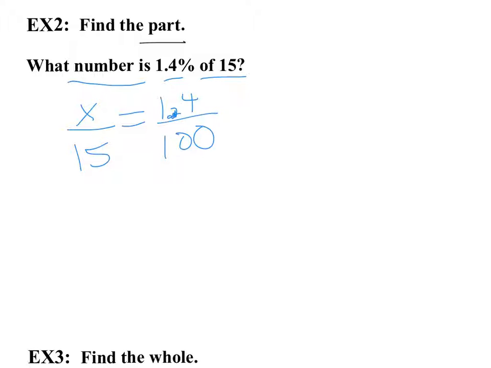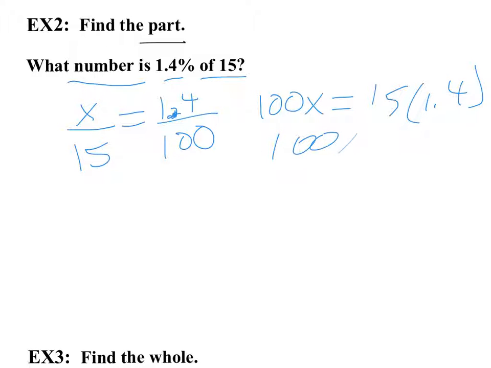So now in this case, we're going to use the cross product. We have 100 times x, which is 100x. And then we also have our 15 times 1.4, and that gets us 21. So we have 100x equals 21, then divide by 100.